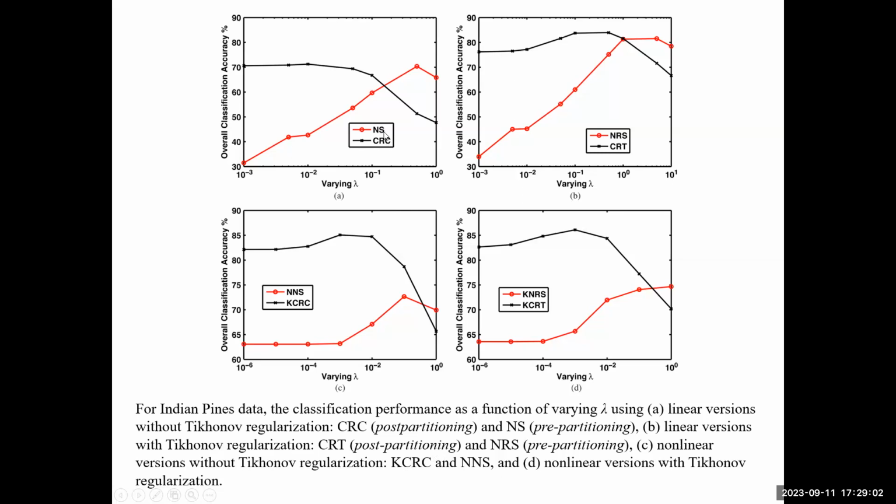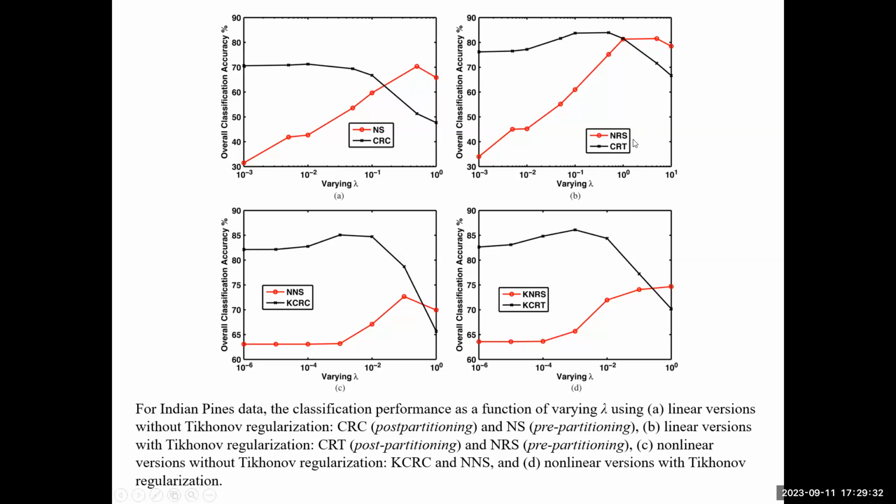So we have NS, the original regression analysis doing pre-partitioning, and the CRC, the corresponding version, but doing the post-partitioning. You can see, as long as we can find a good parameter lambda, the highest performances are pretty similar.